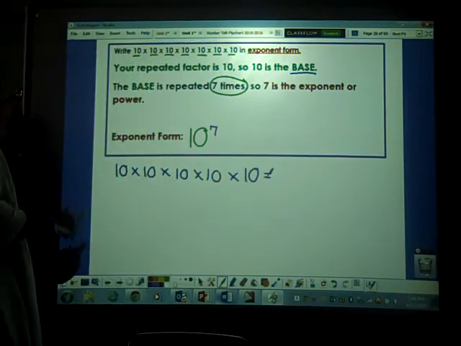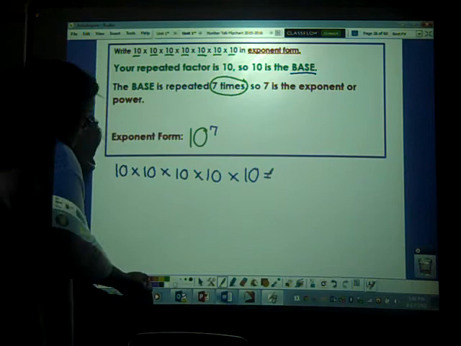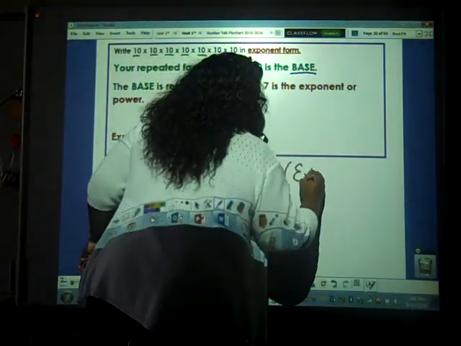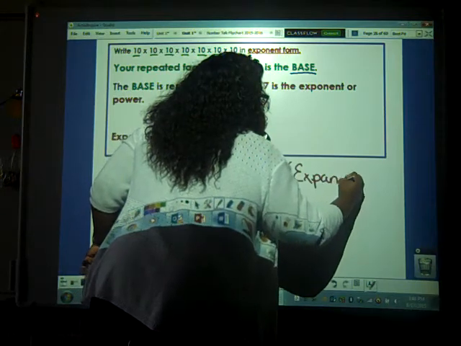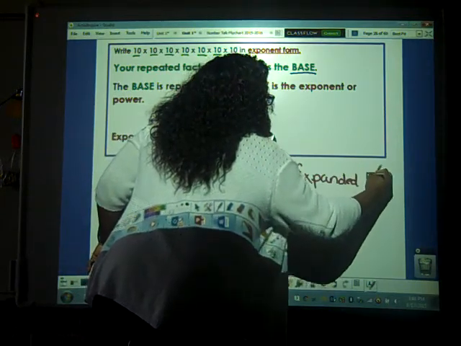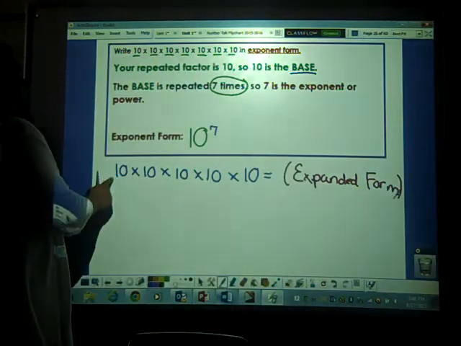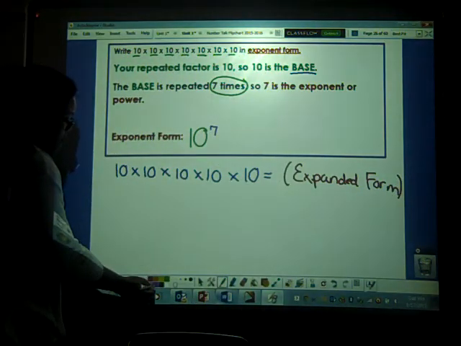Right now, this is written in expanded form. We're going to put this in exponent form.